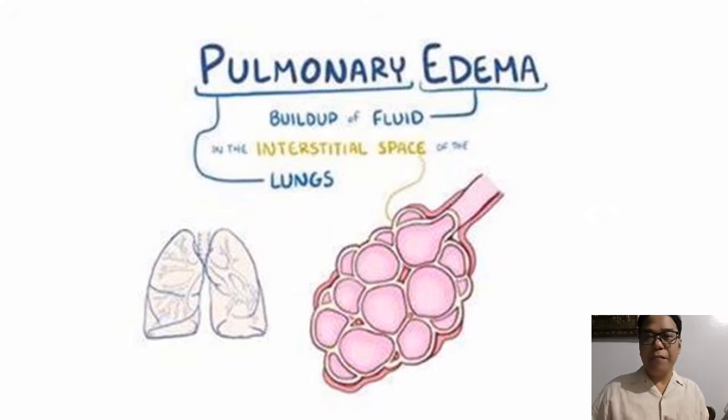Okay? However, if the affected area is the right side of the heart, usually the symptoms are more systemic. Okay, it could lead to edema, specifically peripheral edema. There could be some weight gain. Okay, there could be a distension of the jugular vein.